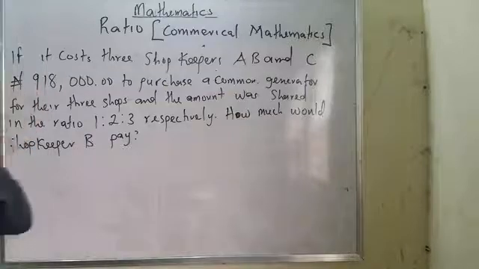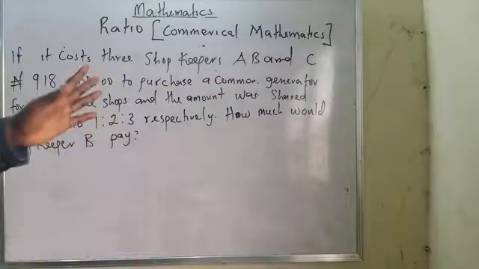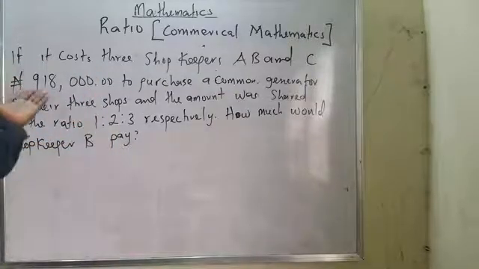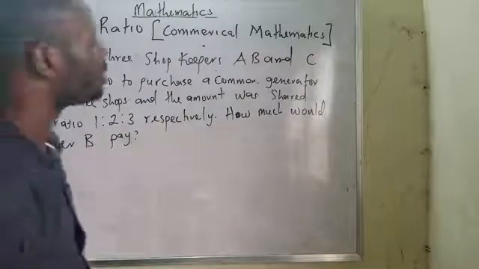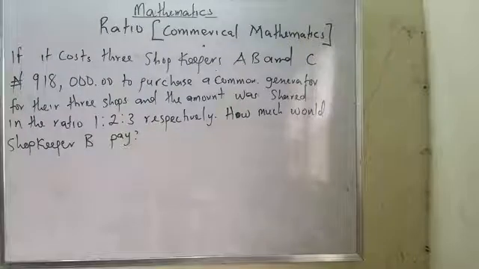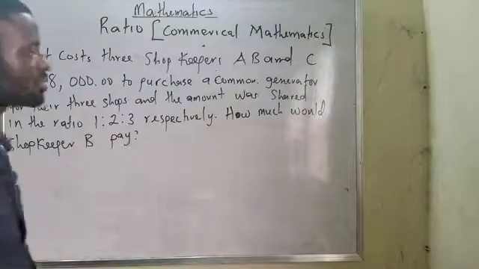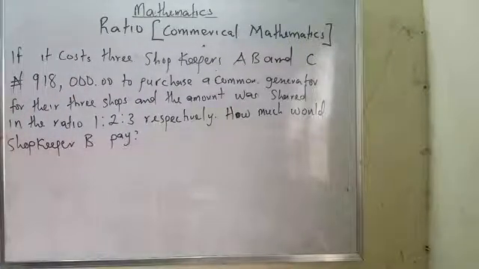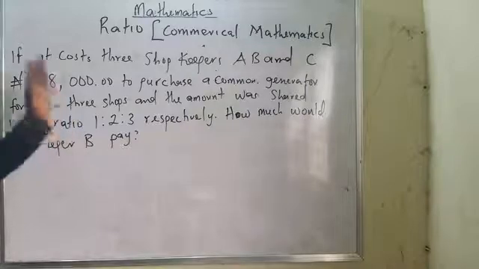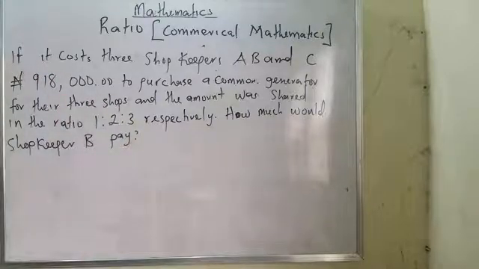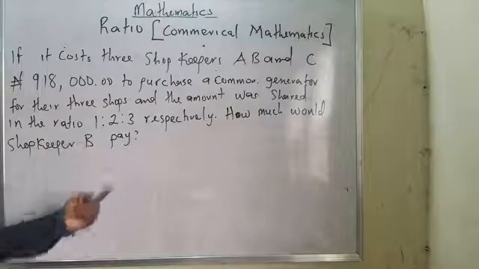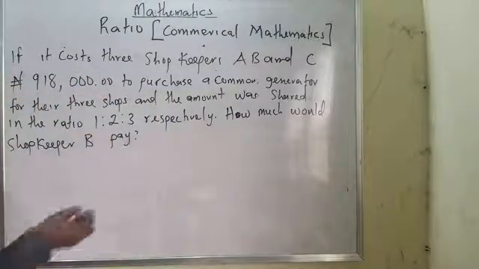It costs three shopkeepers A, B, and C 18,000 Naira to purchase a common generator for their three shops, and the amount was shared in the ratio 1 to 2 to 3 respectively. How much would shopkeeper B be paid? Now, how do I solve this question?